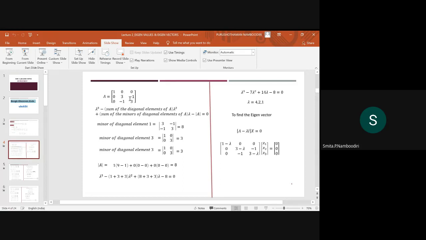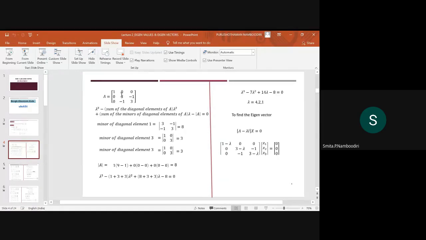The remaining determinant is 3, minus 1, minus 1, 3. Minor means, for whichever element in whichever row and column, leave that row and that column and calculate the determinant of the remaining elements. So the determinant is 9 minus 1, which is equal to 8.